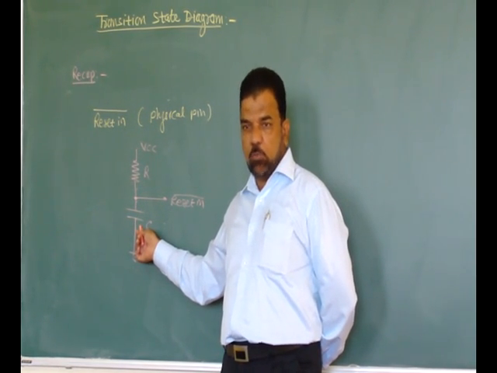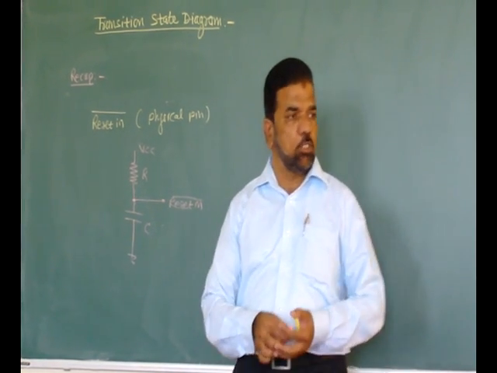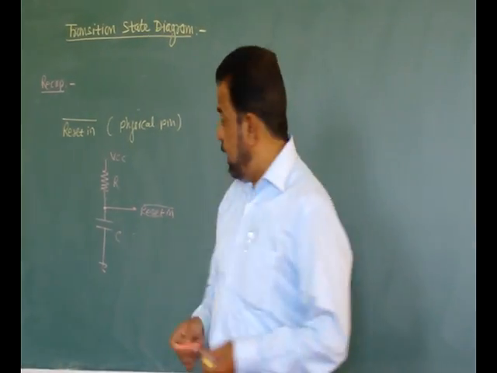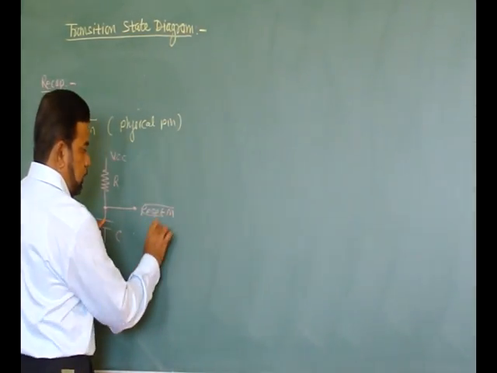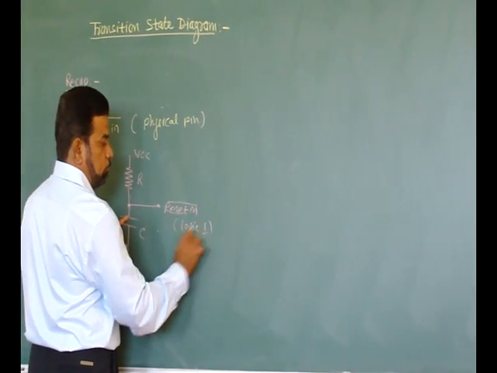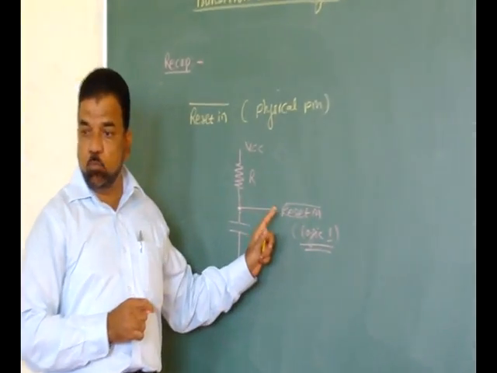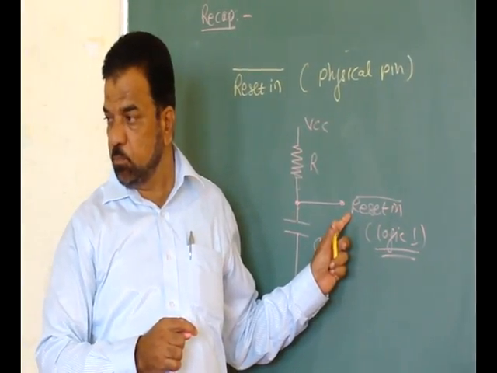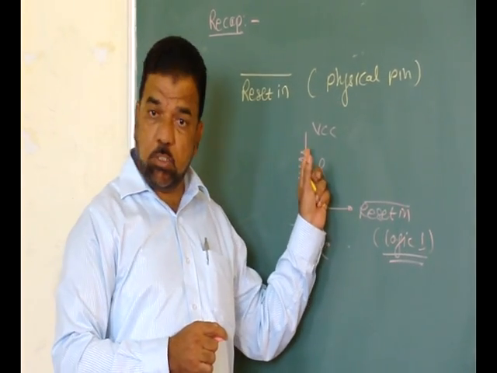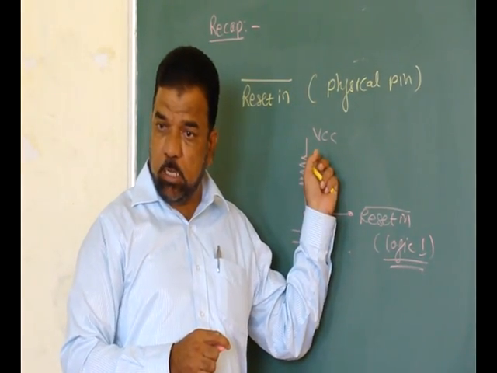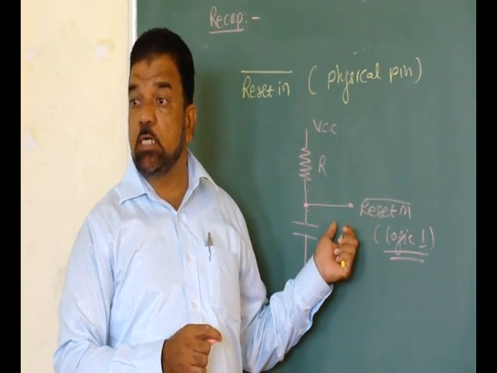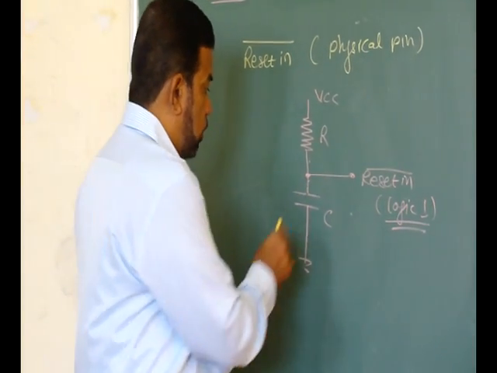After some time, the capacitor charges exponentially. When it is completely charged, the logic here is logic 1, and the pin gets disabled. That means at the instant you switch on the power supply, the processor goes into a reset state. This is called power on reset.